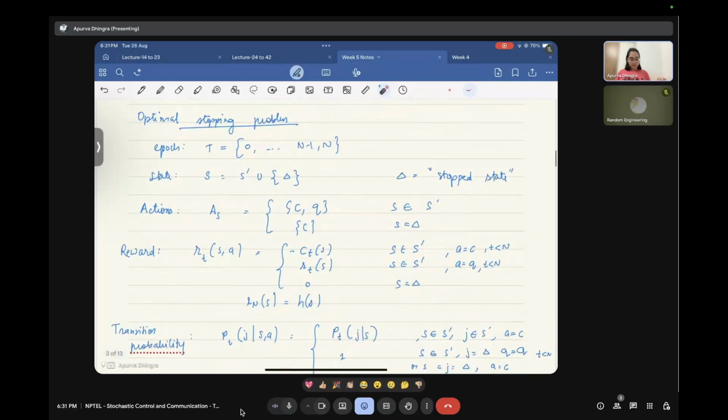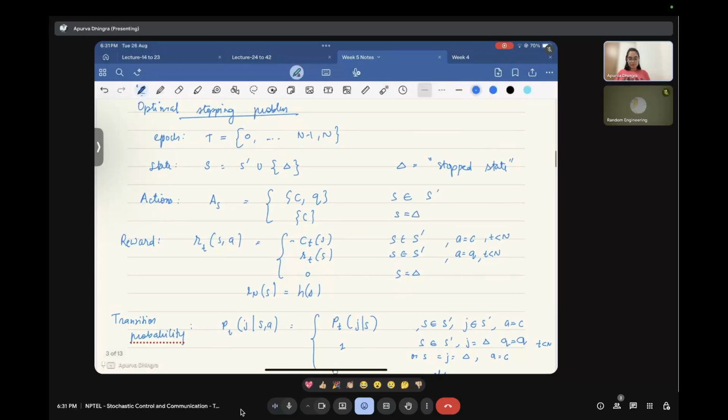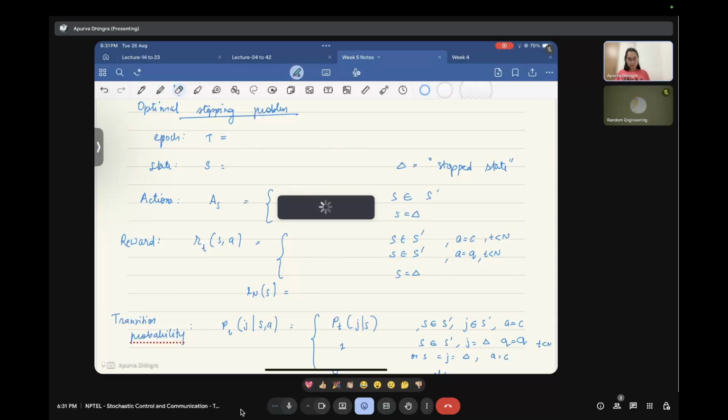Okay. So this particular problem is as follows. If we were to be formal about all of this, now we're mapping it into an MDP.